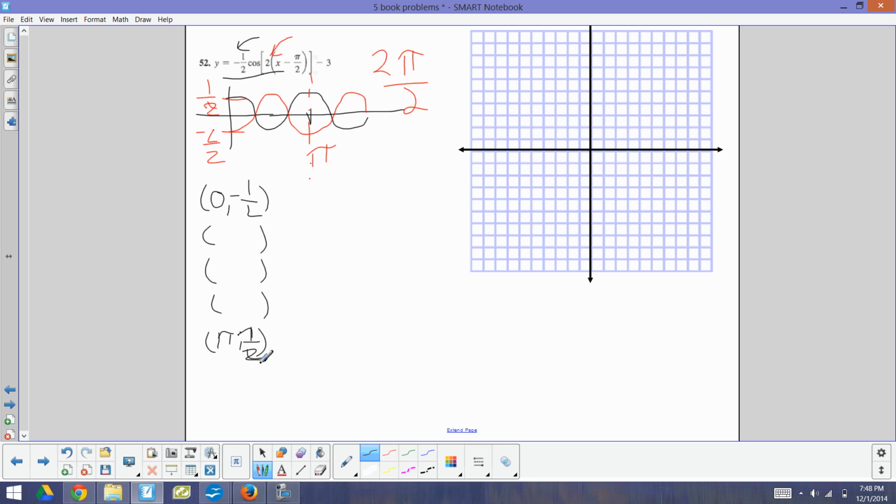The middle, pi over 2, is now your maximum at 1/2. 1/4 of the way, there'll be a 0, and 3/4 of the way, there'll also be a 0. So 1/4 of pi is pi over 4, and 3/4 of the way is 3 pi over 4.